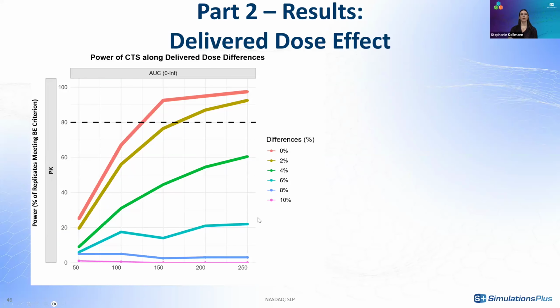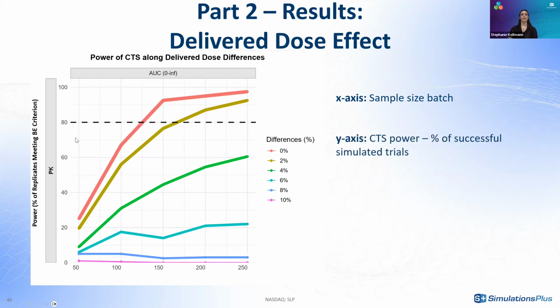Here we can see a plot where the study power is plotted against the sample size. The power of the clinical trial simulation is basically a function of sample size. Here we see as an example the AUC metric, the PK metric, the AUC from 0 to infinity. So on the x-axis, we have the number of subjects included in the simulated clinical trial.